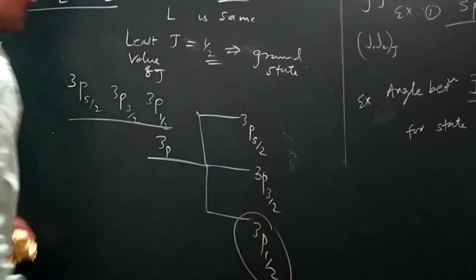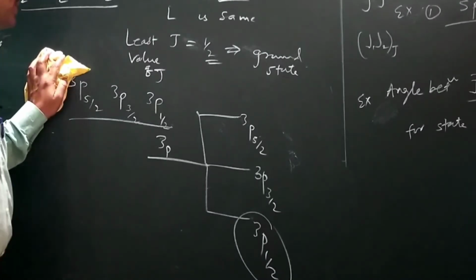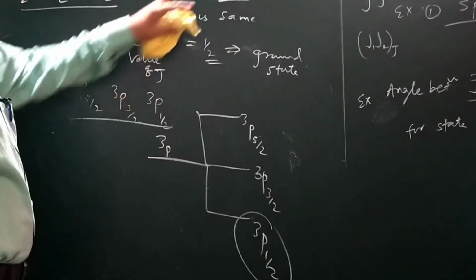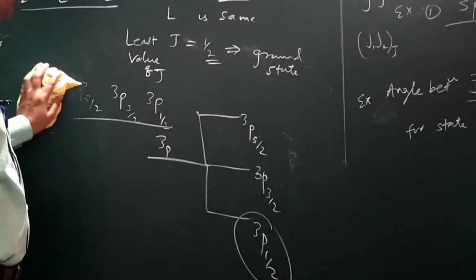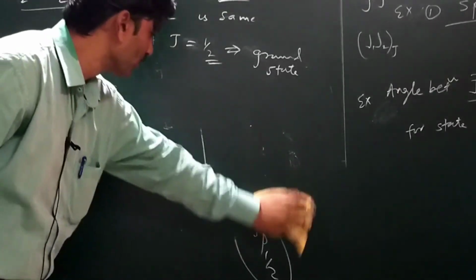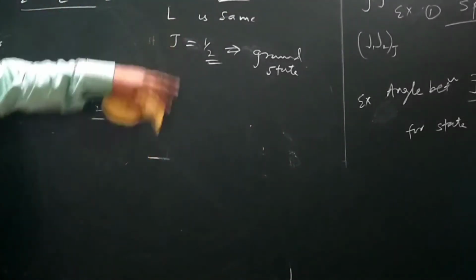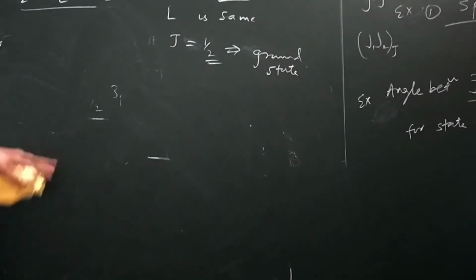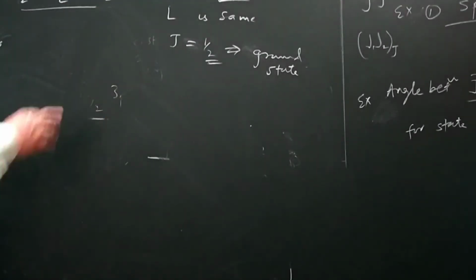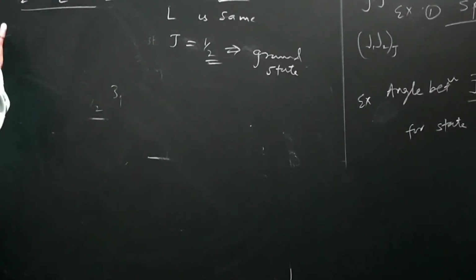So this is the ground state for the given state. How can we write the order? The first rule applies if L and S are the same for the given multiplet, for example the triplet.